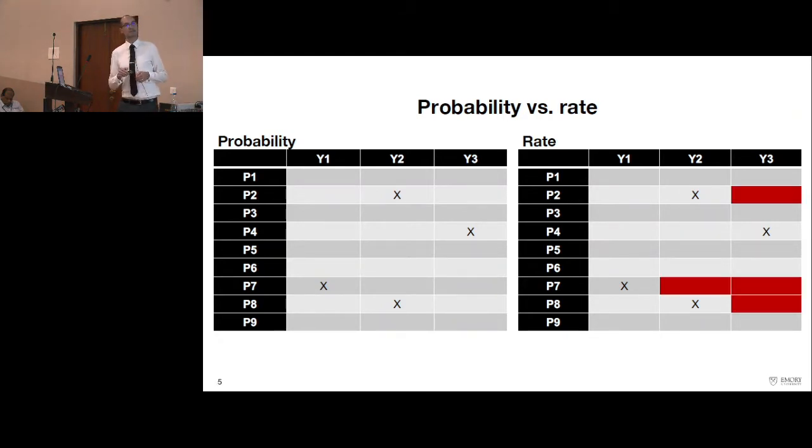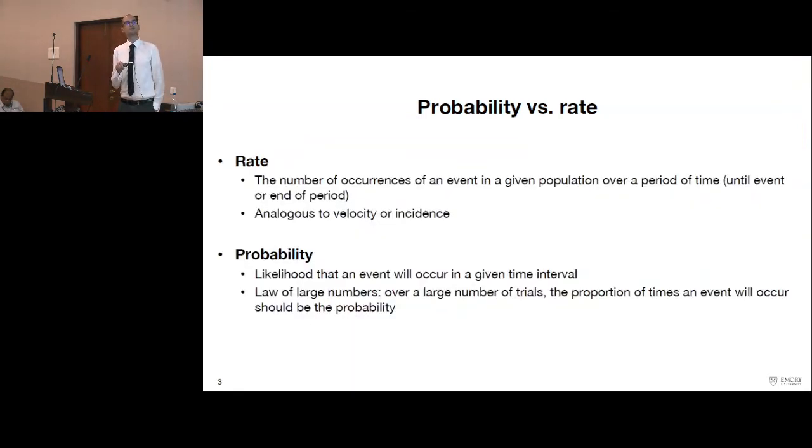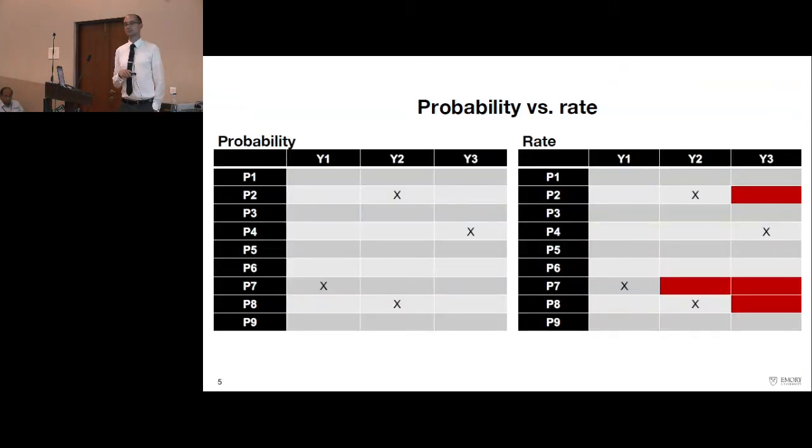To get the rate, as I mentioned here, the rate is the number of occurrences until event or end of period. So to get the rate, we would get rid of all these periods. Essentially, for person 2, they got the disease in year 2, so that's when we stop following person number 2.